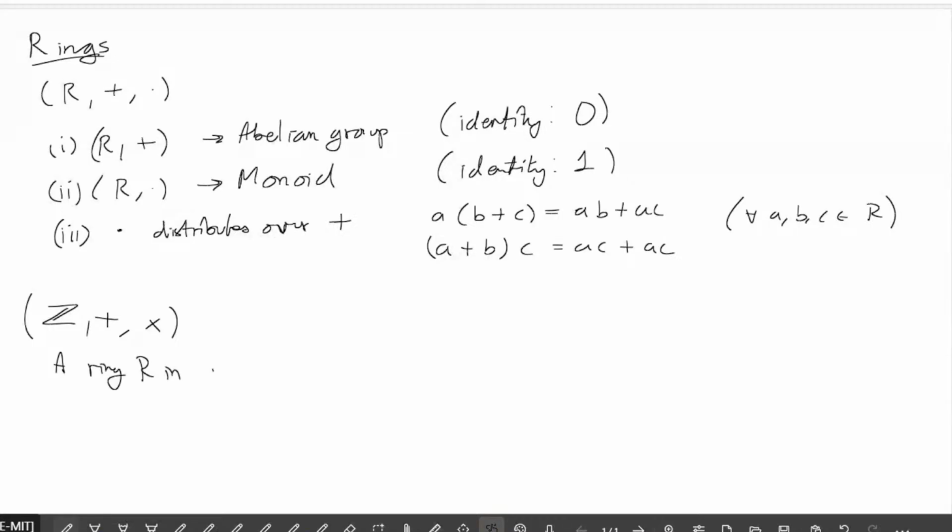A ring in which dot is commutative, or the multiplicative.